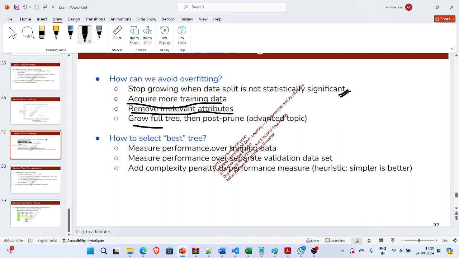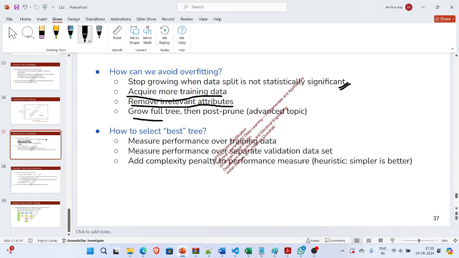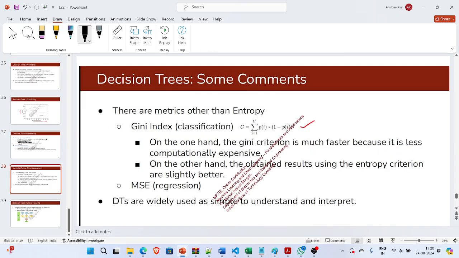So how do we get the best tree? Gini index we use in the case of classification to see whether our decision tree is good or not.